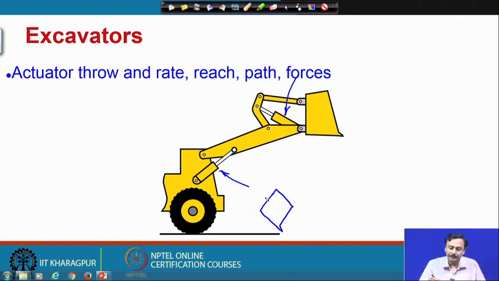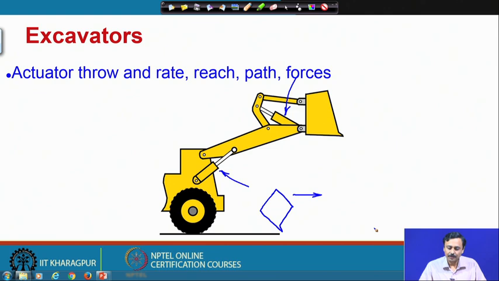What should be the rate of actuator expansion so that I can move this bin with a certain velocity or speed? How should I control the actuators so that this bin can move in a line along the ground? So, these are the questions which are very relevant, and as you can see, since there are two actuators, the control is not very simple or straightforward.